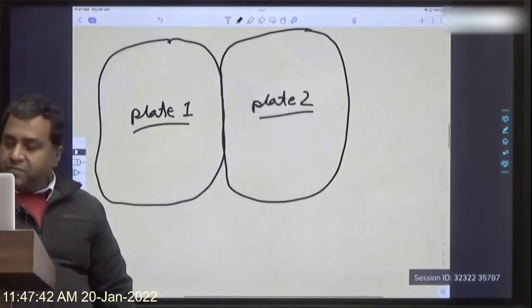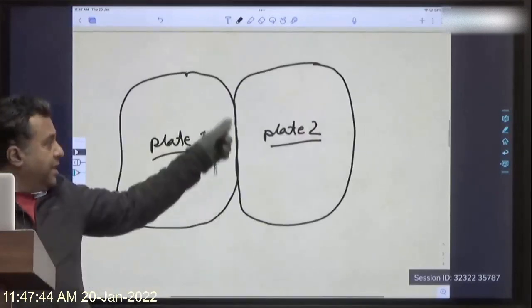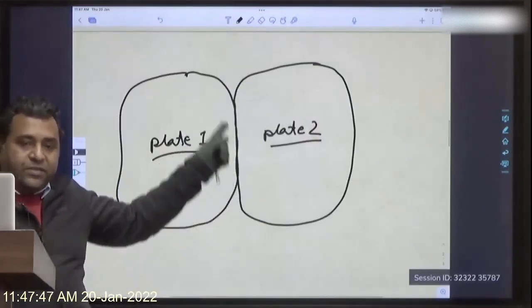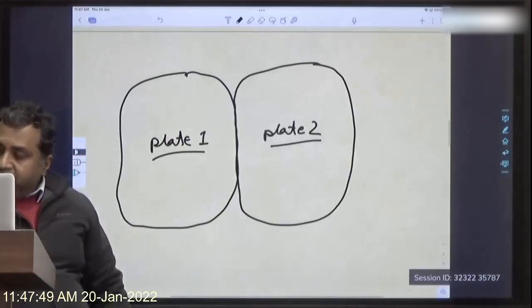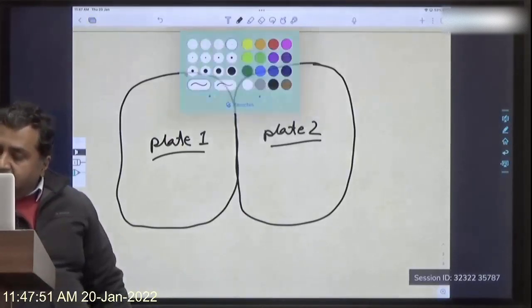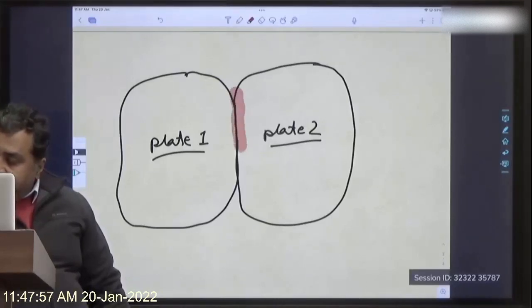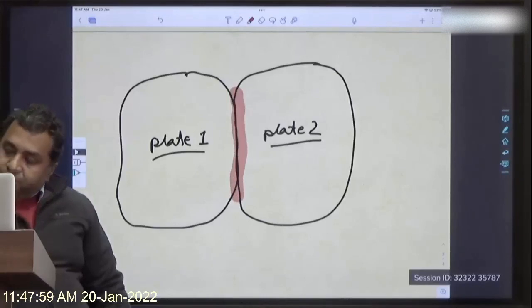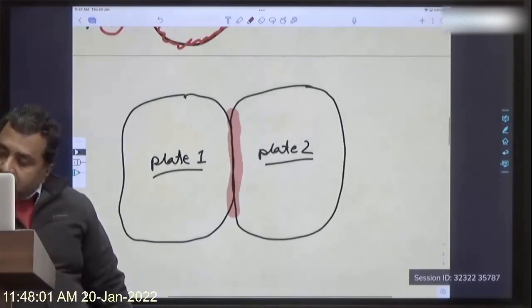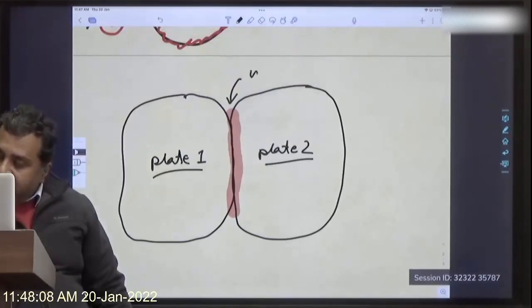Two plates interacting along a given margin. This is the interacting margin. This we call the interacting margin.